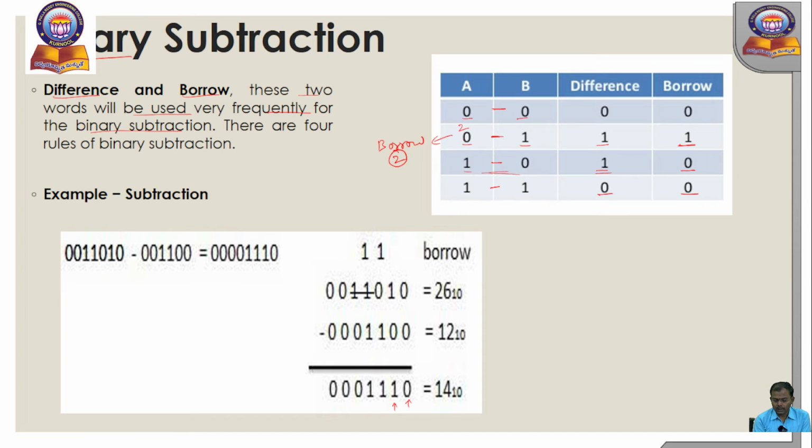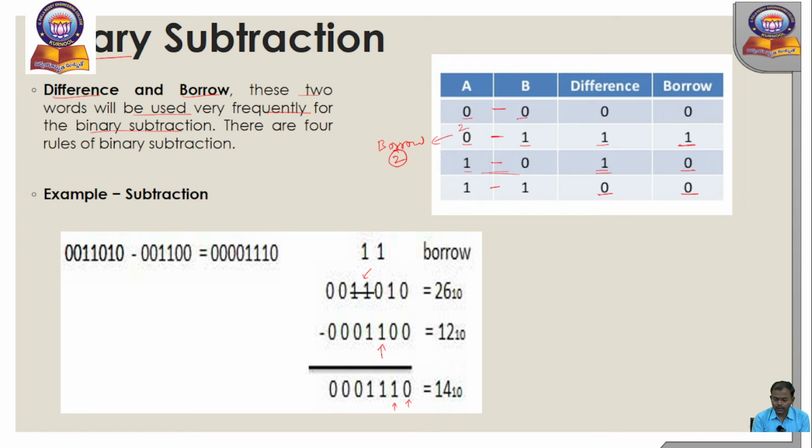Then 0 minus 1. I have to take a borrow from the position immediate to the left of this, where we require the borrow.